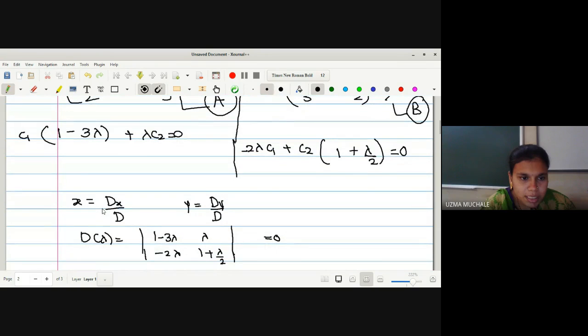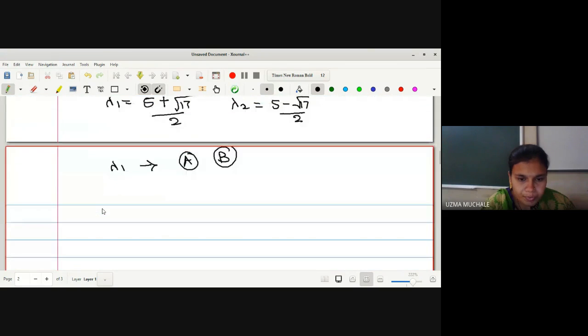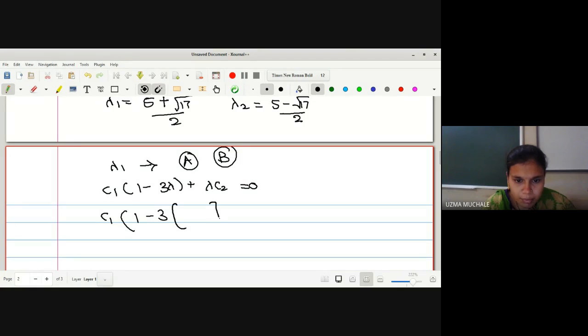C1 (1 minus 3 lambda) plus lambda C2. Wherever you have a lambda, you put the value of lambda 1. This will be C1 (1 minus 3 times the value of lambda 1) plus the value of lambda 1 times C2 is equal to 0.